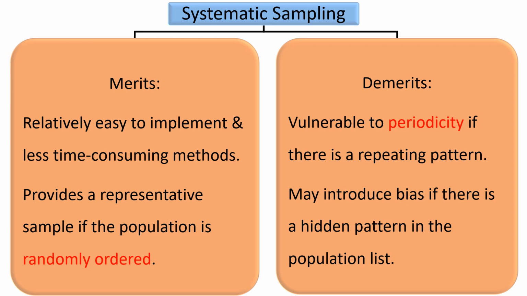For example, if the repeating pattern is with every third item, and in our previous example the sample interval is 3, then we may encounter periodicity, or we may introduce bias if there is a hidden pattern in the population list, because we are following the pattern of just passing the 3 interval to choose the elements.